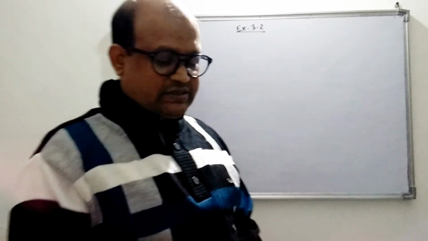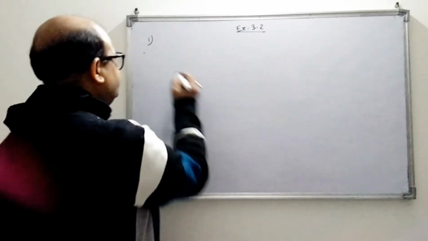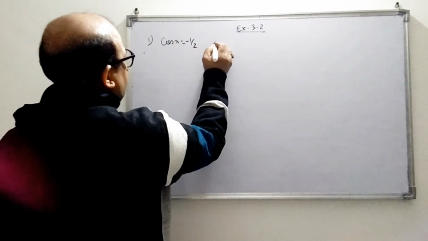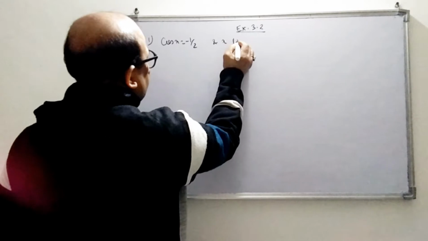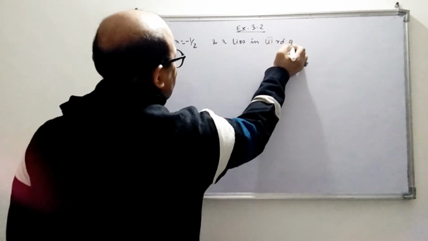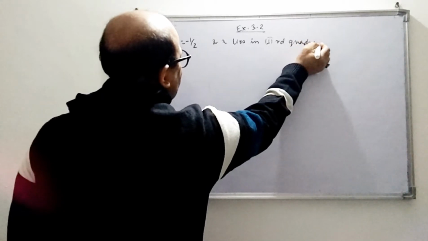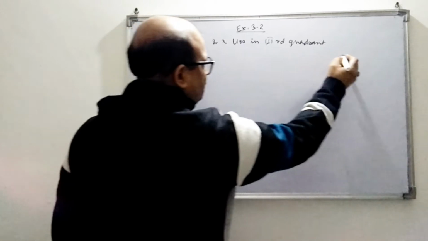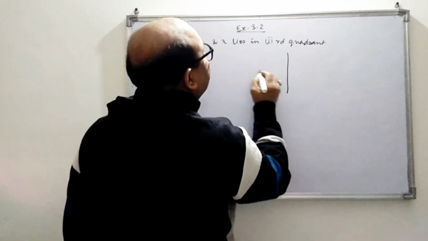Cos x is given. Cos x equal to minus 1 by 2 and x lies in the third quadrant. Now x lies in the third quadrant, so our figure will be like this.